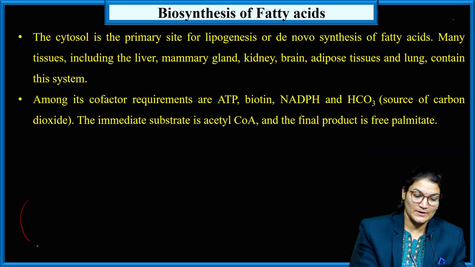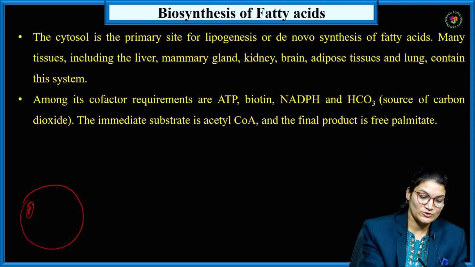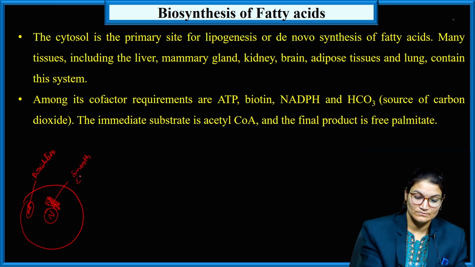As we discussed in the previous video, in mitochondria you can see beta oxidation of fatty acid, and in the smooth endoplasmic reticulum you can see omega oxidation of fatty acid.